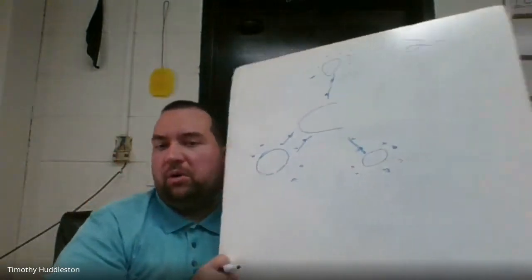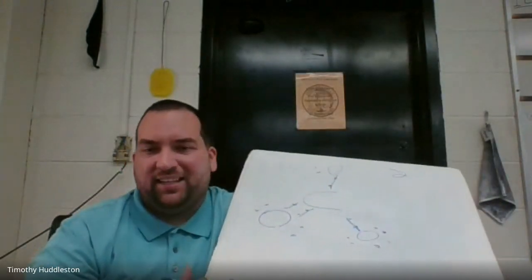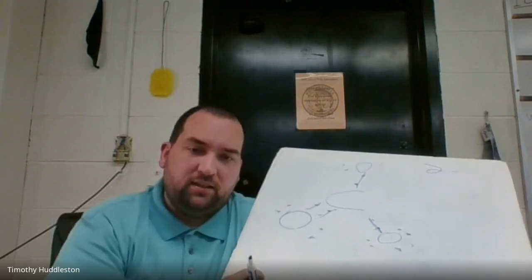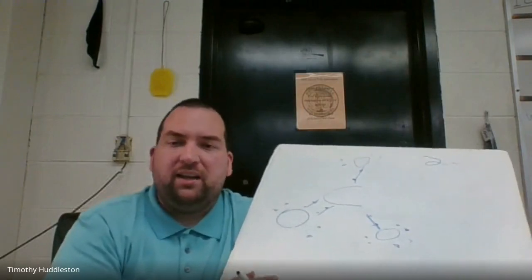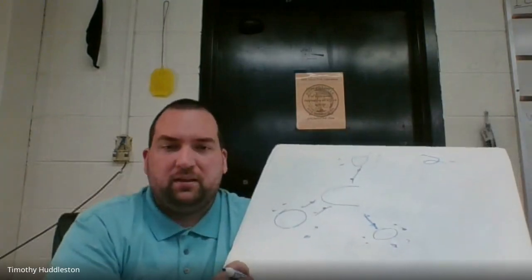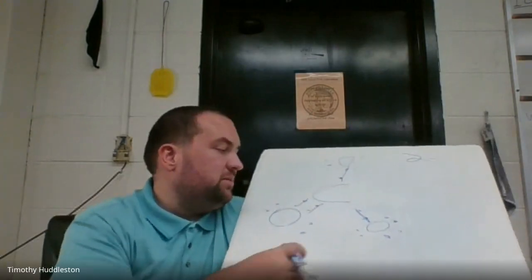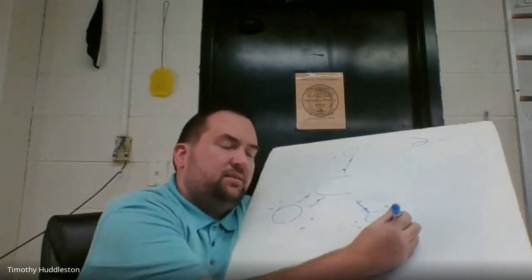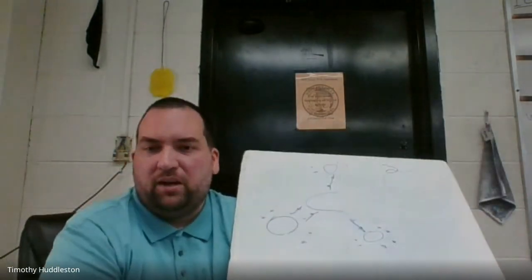Now, how did I know to throw it in like that? Well, because I knew I couldn't get octets on those. You can go through and play with it and see if you can get octets on those, but you're going to notice that with odd numbers of electrons, there's no way you can get everything happy. I can't have O give away an electron to C. That makes O very unhappy to give an electron away for no reason.